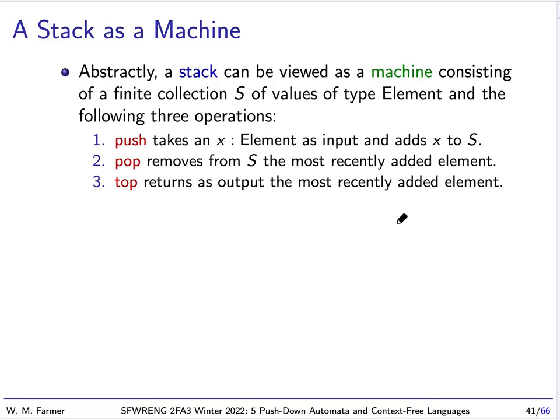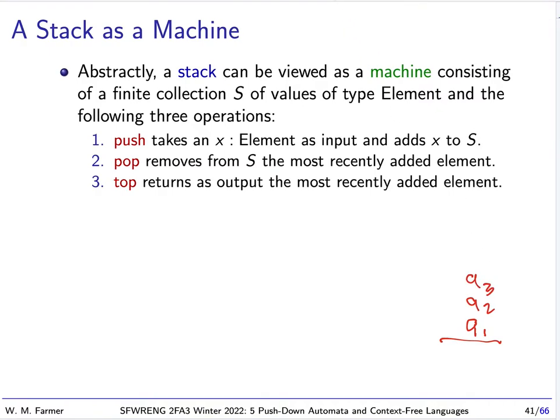Pop removes the most previously added element, and top returns as output the most previously added element. So instead of thinking of a stack as a value, we think of it as a machine, and this machine works so that I can push things onto the stack, I can pop things off the stack, and I can look at what's on top of the stack.